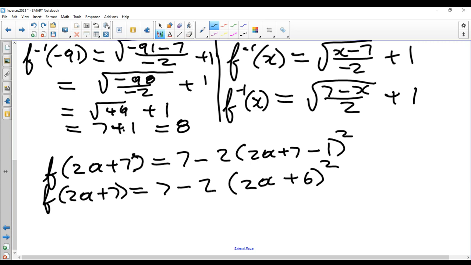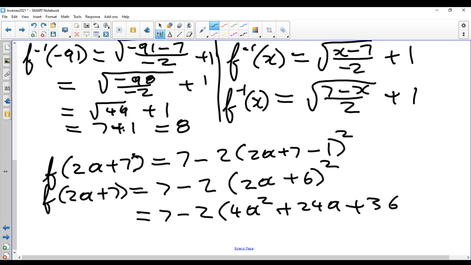I can't put the 2 into the bracket; I have to square it first. Now, I showed you a way to do this quickly. Square the first term, which is 4a squared. Multiply the two terms together and double it, so that would be 12a times 2, which is 24a. And then square the last term, which is 36. A lot of algebra here.